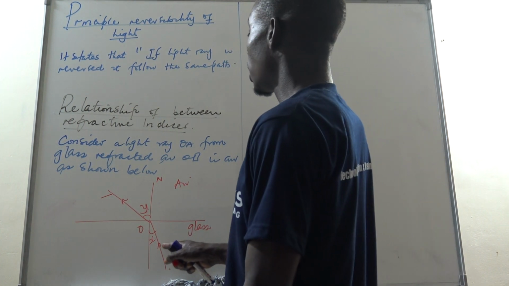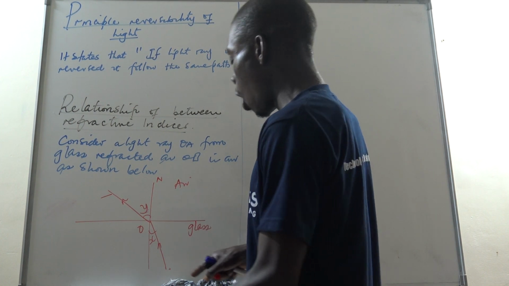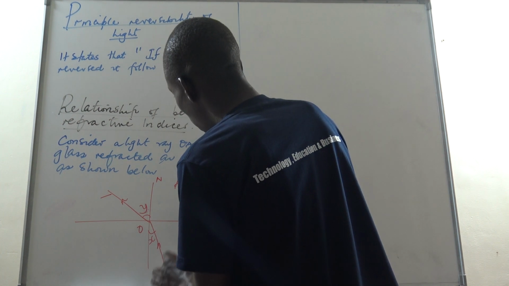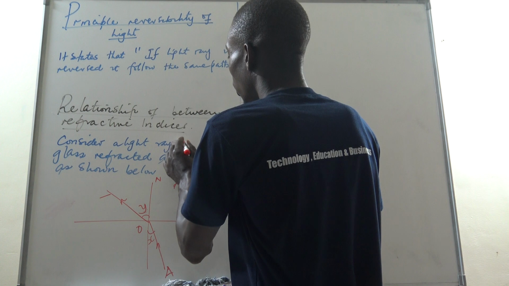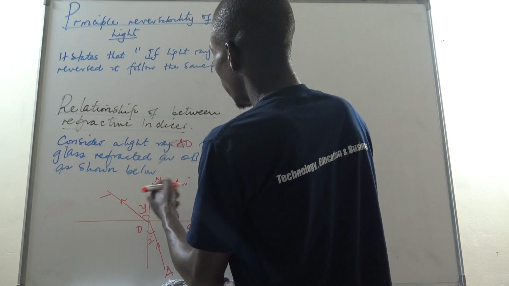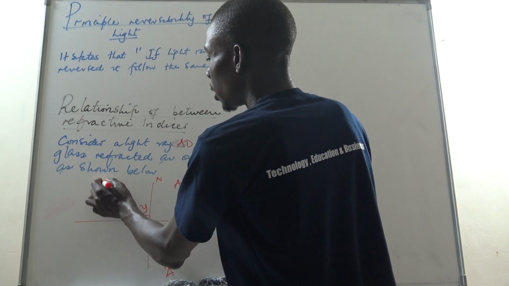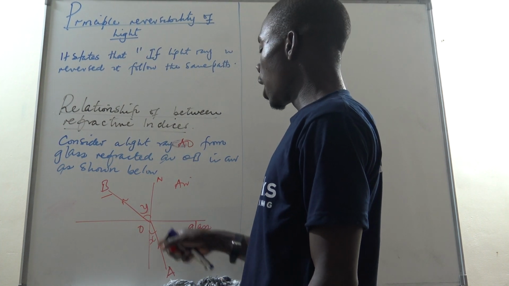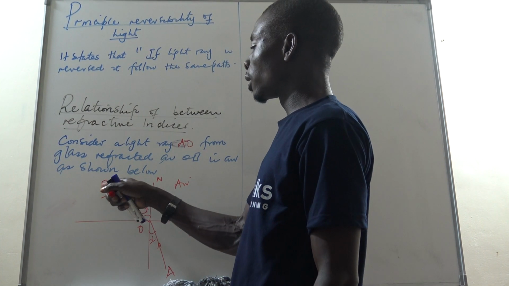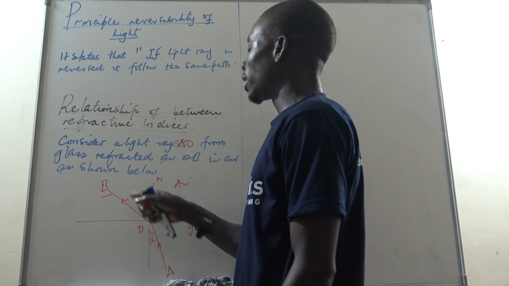This is glass, this is air. And then we are looking at AO, and then OB. Isn't it? B is here. So it is from glass as AO, and then refracted as OB.